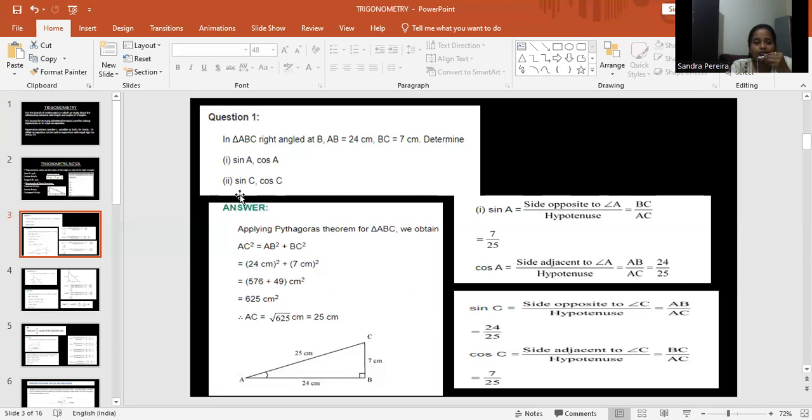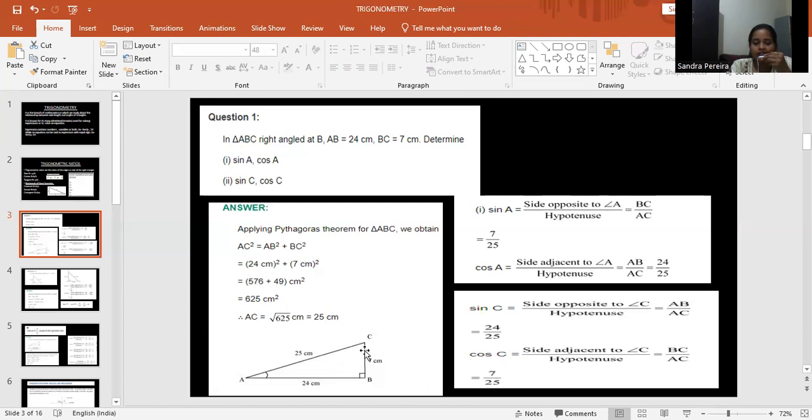Now we have to find in the question, you see, sin C and cos C. Sin C is what? This is the ratio of perpendicular distance by hypotenuse.